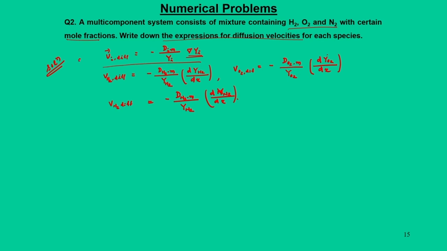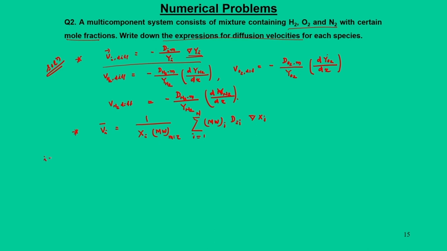There is another expression which can also be written for the diffusion coefficient in the form of molecular weight, that is 1 by x i molecular weight of mixture, summation of j equal to 1 to n, molecular weight of j, D i j, gradient of x j. Okay.